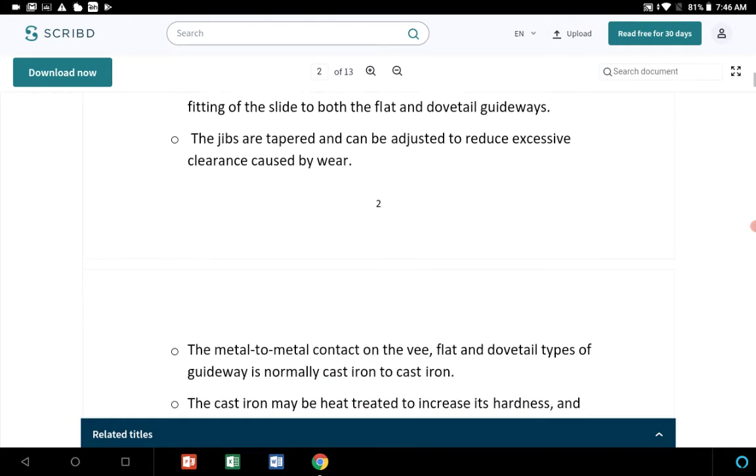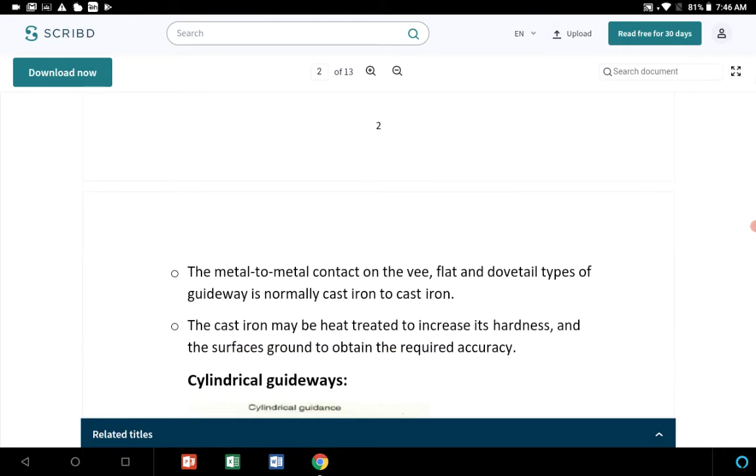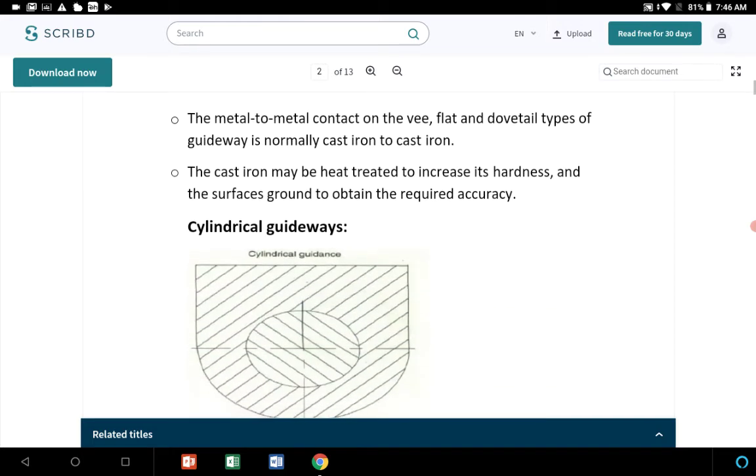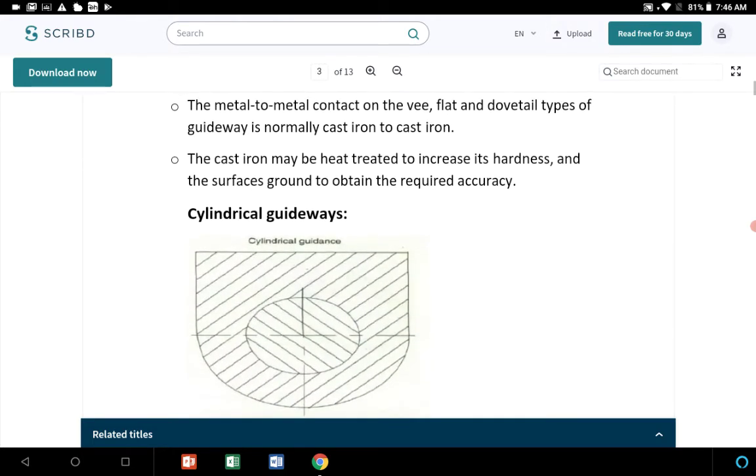Suppose the job, or say the sliding member, is of the rotary or circular type, in such cases the cylindrical type of guideways what you are looking at can be utilized.